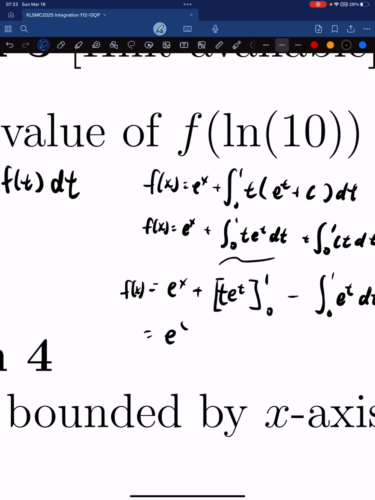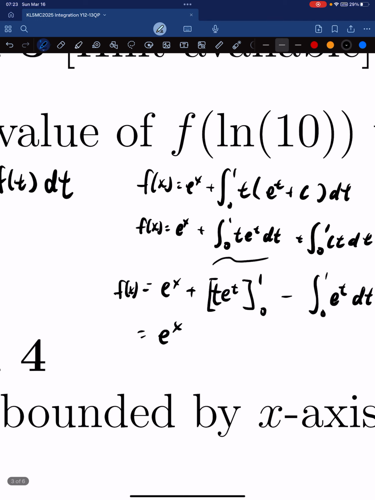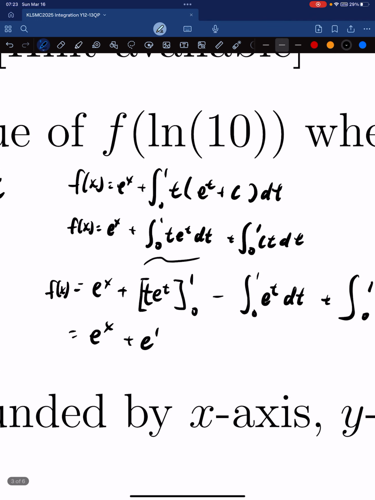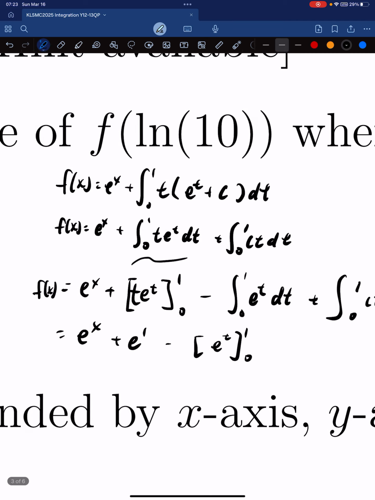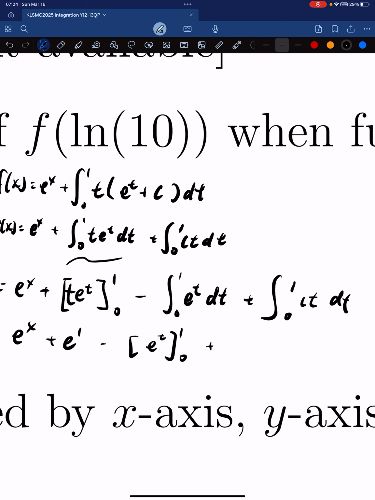So it's e to the power of x, and we know this one is just plus e to the power of 1, minus e to the power of t from 1 to 0, plus 1 over 2 times c times t squared from 1 to 0.